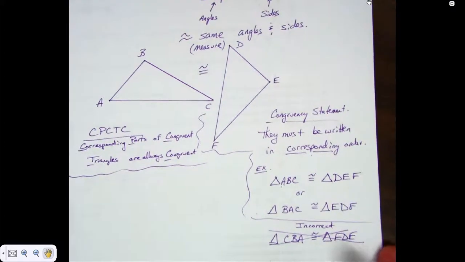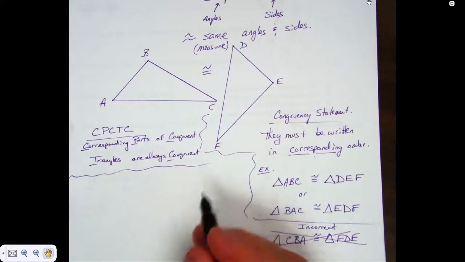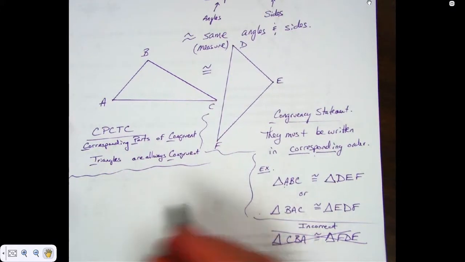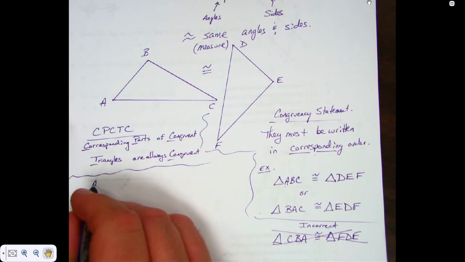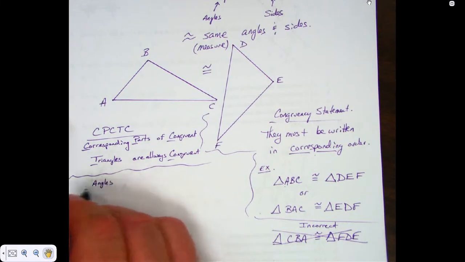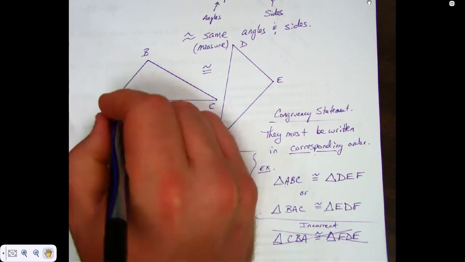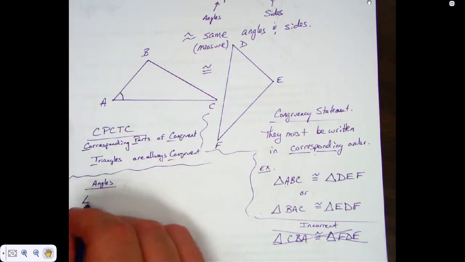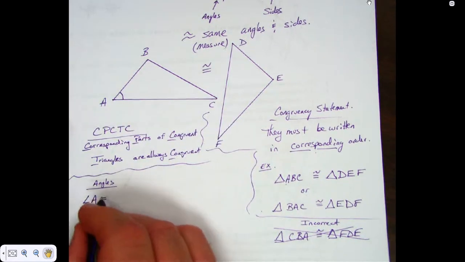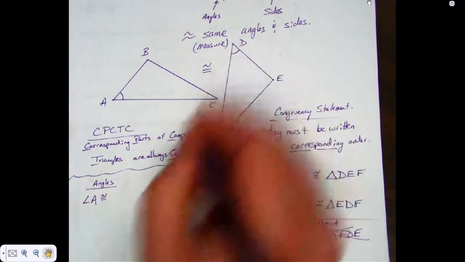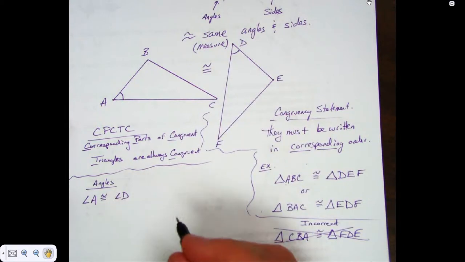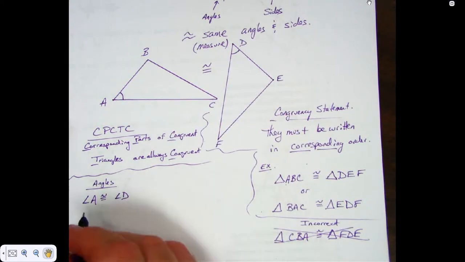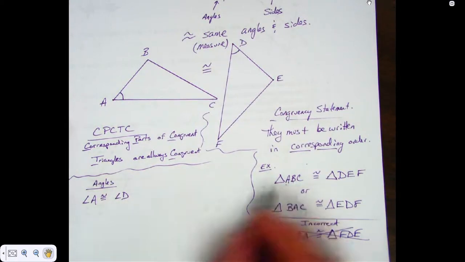All right. What are the corresponding parts of my congruent triangle here? Well, you have the angles. Tell me what's congruent. What's congruent to angle A? Angle D. Next one is what?